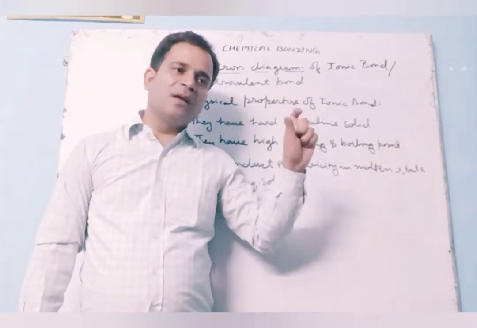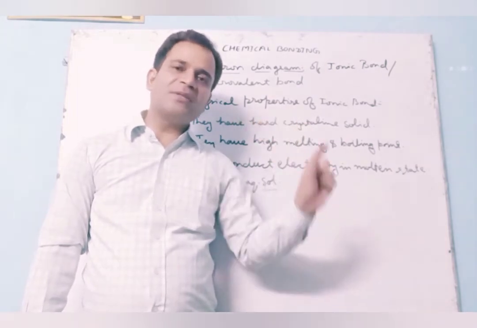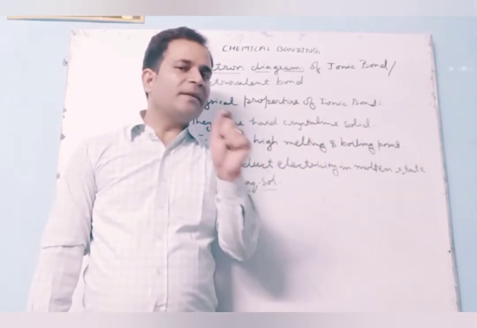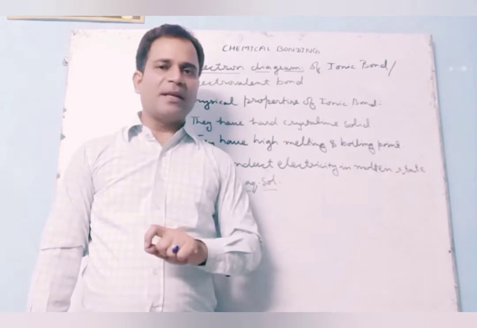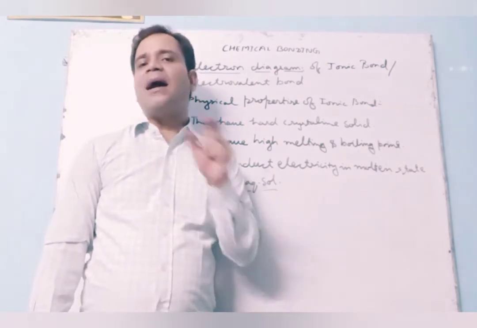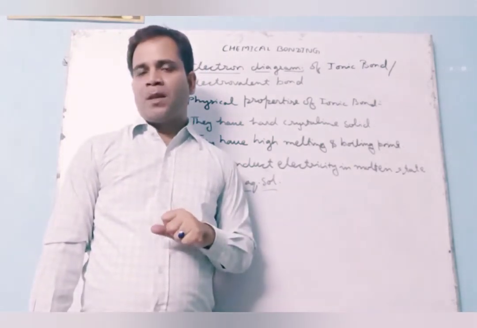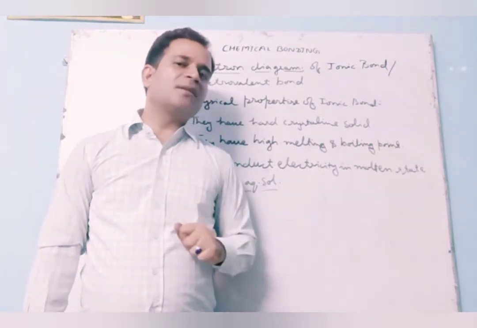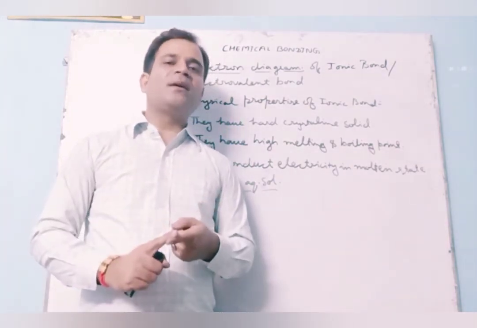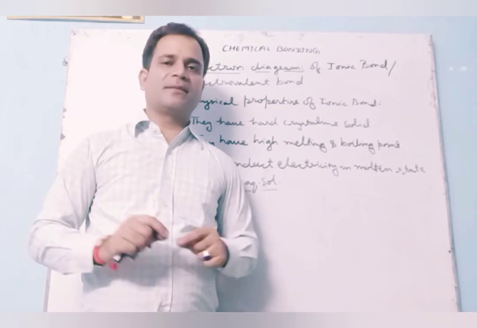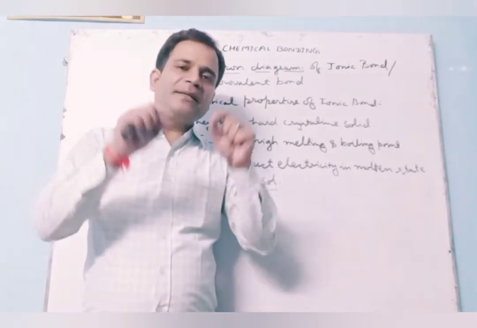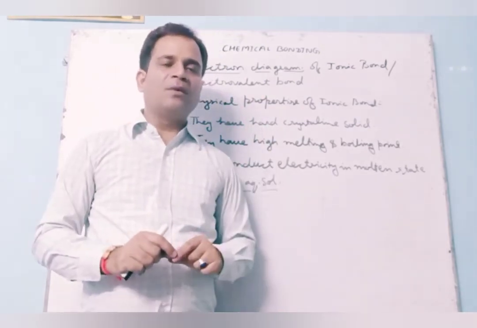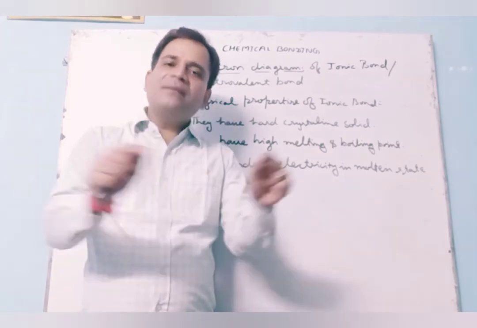I hope in 9th standard you already know that water has a unique property that is also termed as high dielectric constant. So what does high dielectric constant mean? That water has the property to break ions. So whenever water is added to an ionic compound, the water breaks its ions.